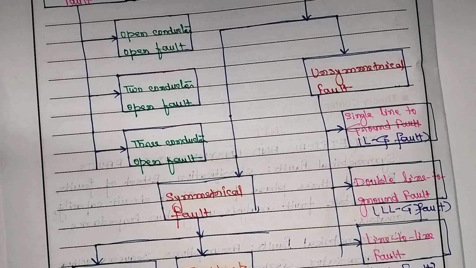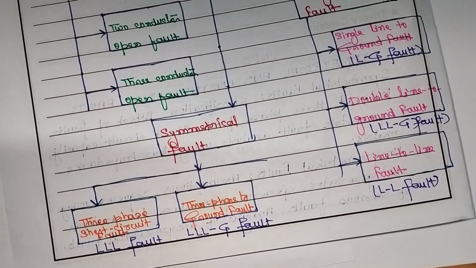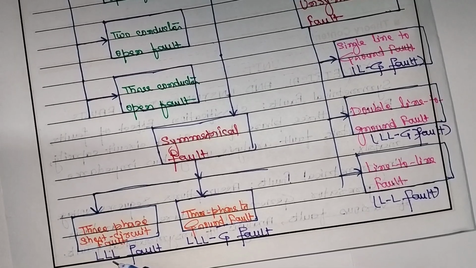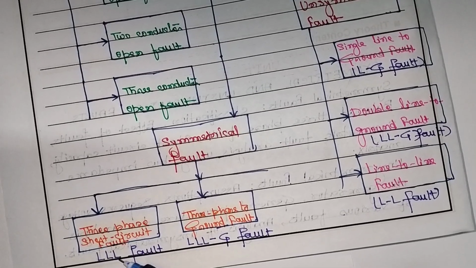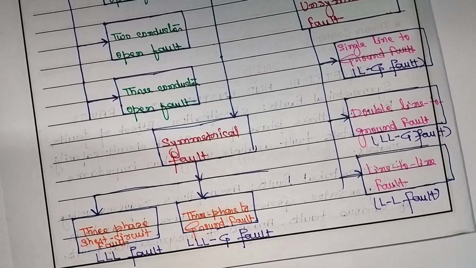Let us discuss the first one, the symmetrical faults. Symmetrical faults are again divided into two types: the three-phase short circuit fault and the three-phase to ground fault. The three-phase fault means the line to line to line fault, and the line to line to line to ground fault.